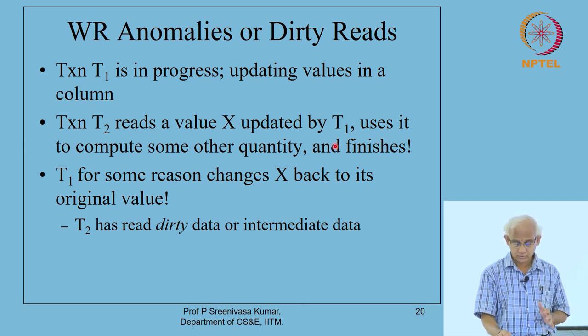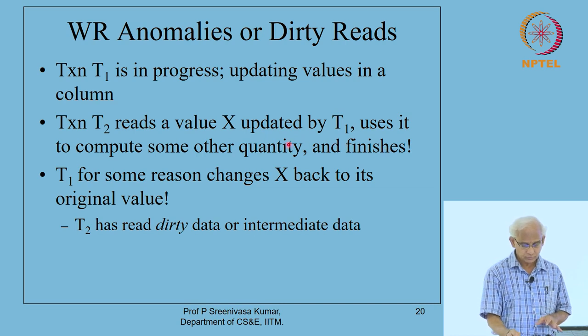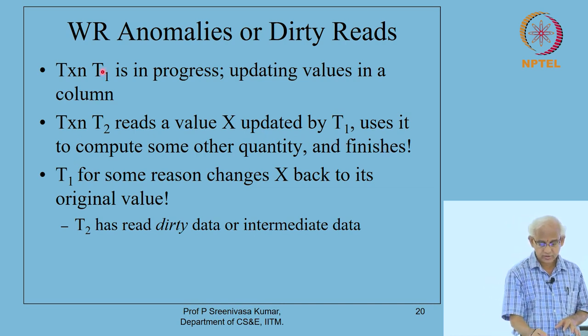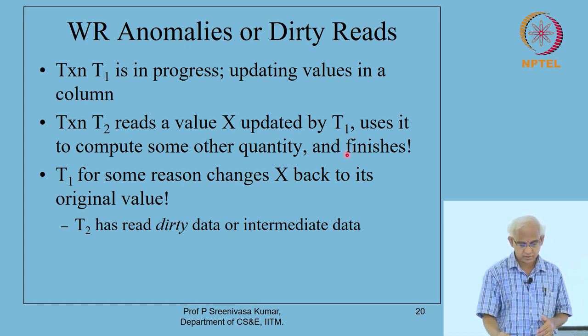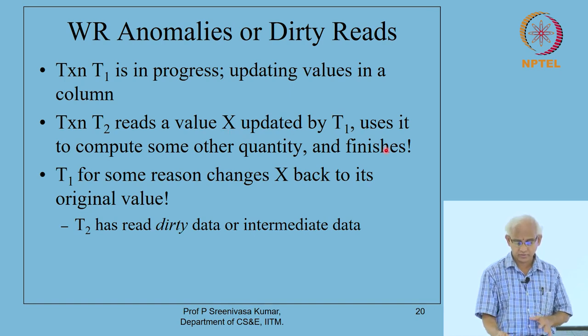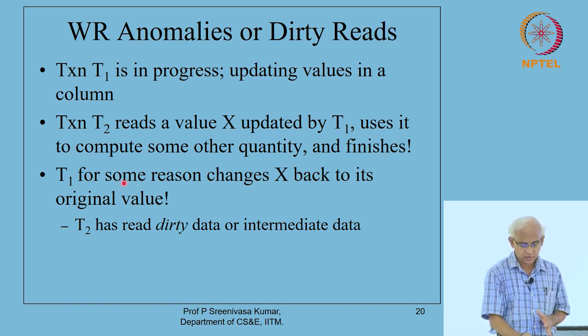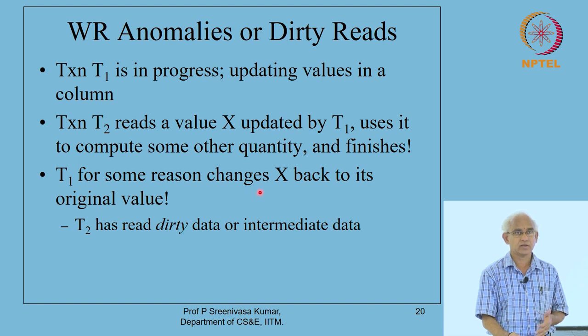Suppose the system allows this, while T1 is still in progress. After T2 has read X, used it and finished, T1 might decide that it made a mistake in updating the X value and go back and change it to the original value.